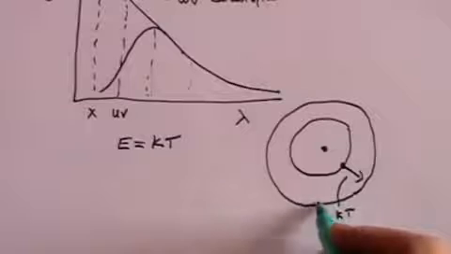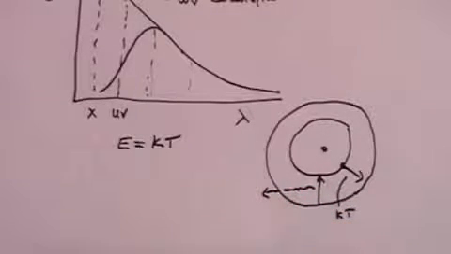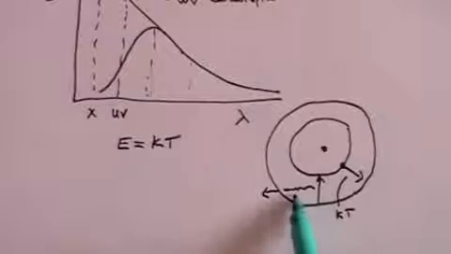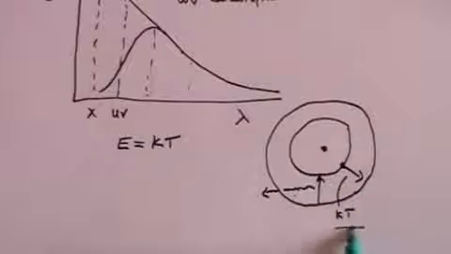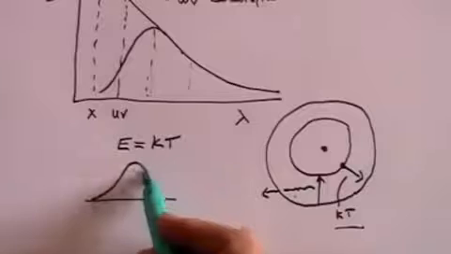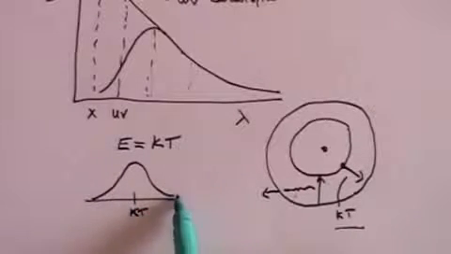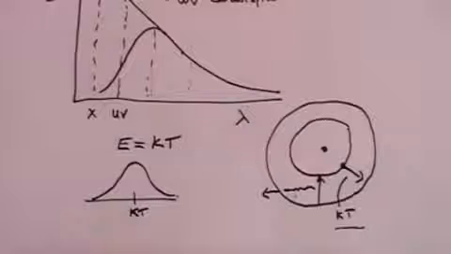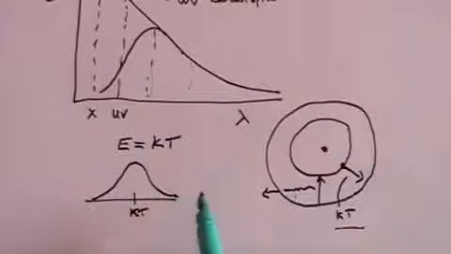And consequently, when the electron falls back down again and releases a photon, that photon can only have the energy that was originally absorbed, which is going to be an average of kT. Now, of course, as I said before, there's going to be a distribution of energies, the average of which is kT. But you can have energy higher and you can have energy lower. But the point is, the probability of getting a photon of much higher energy is very much less.